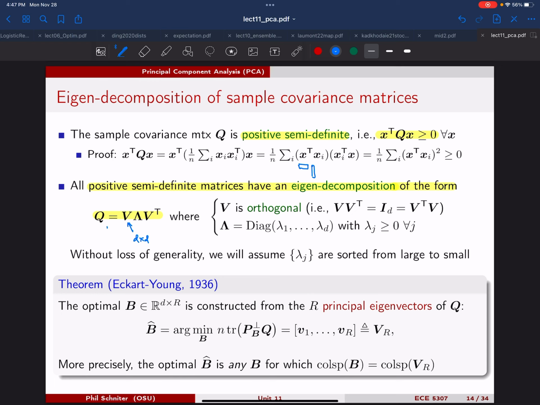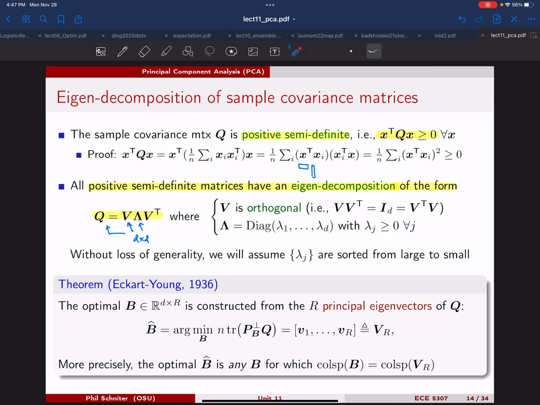Because Q is also a D by D matrix. All of these are. And this lambda is a diagonal matrix, and the values along the diagonal are known as the eigenvalues. The columns of V are known as the eigenvectors. And another important property of the eigenvalues that you get with positive semi-definite matrices is that the eigenvalues are non-negative and real.